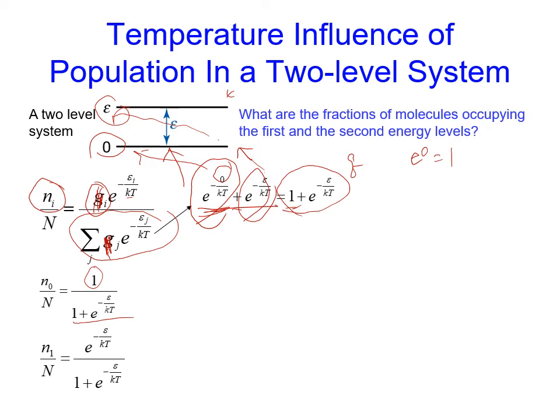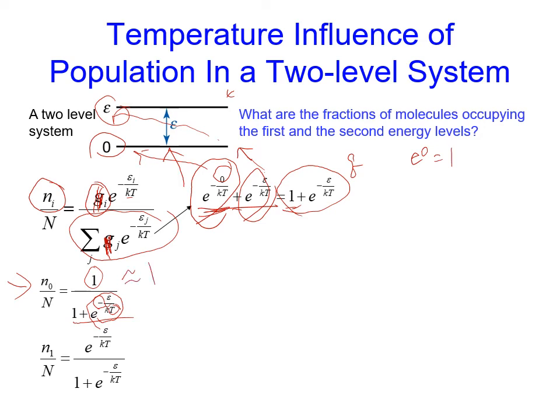Now, if we look at the first one, at a very low temperature, the inverse of a small number gives you a large number, but then you have a negative sign, and that becomes very small. So at a very low temperature, this approaches 0, and that means this approaches 1.